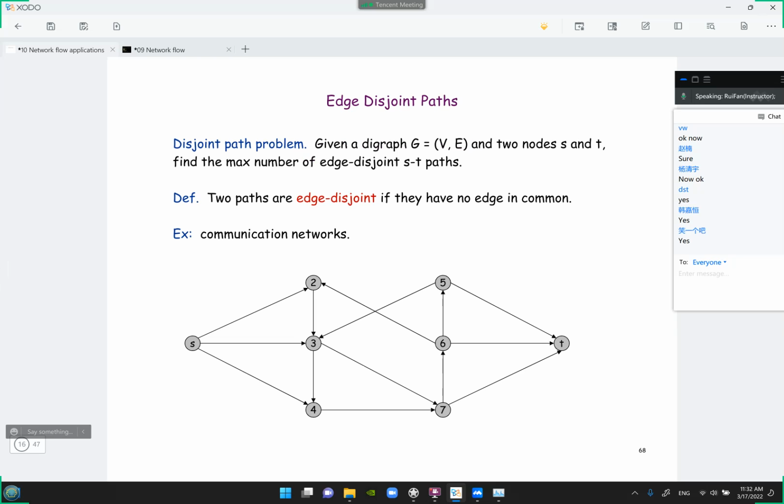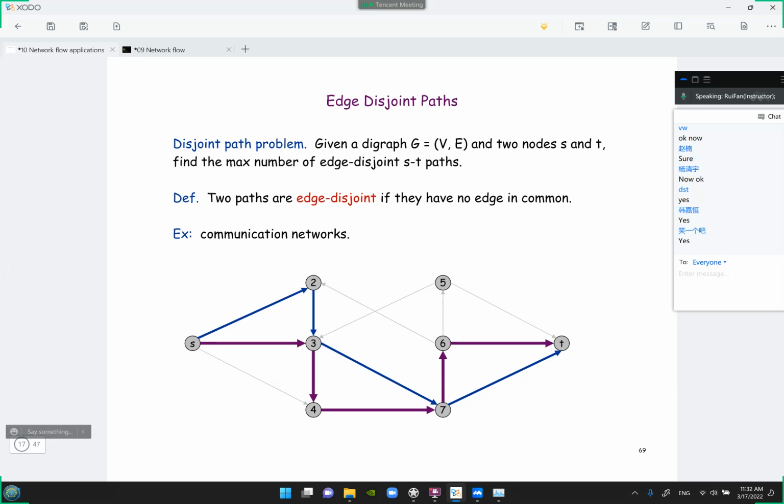In the disjoint path problem, you're given a graph with two special nodes S and T, and you want to find paths from S to T in such a way that the paths do not use the same edge. For example, you see the blue path and the purple path use different edges.